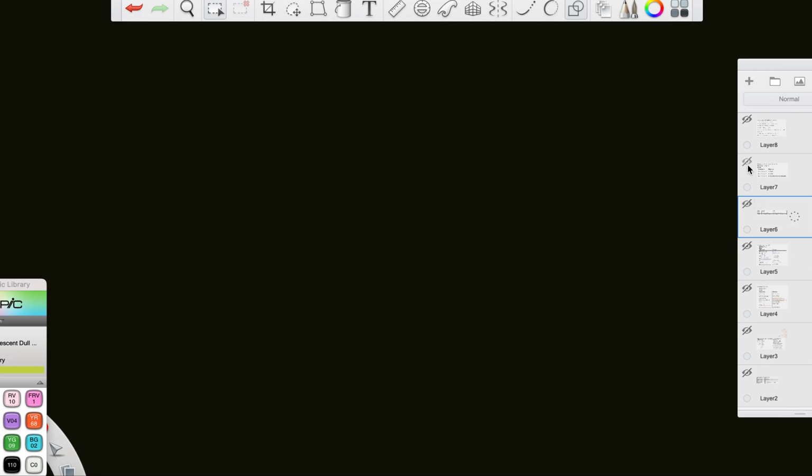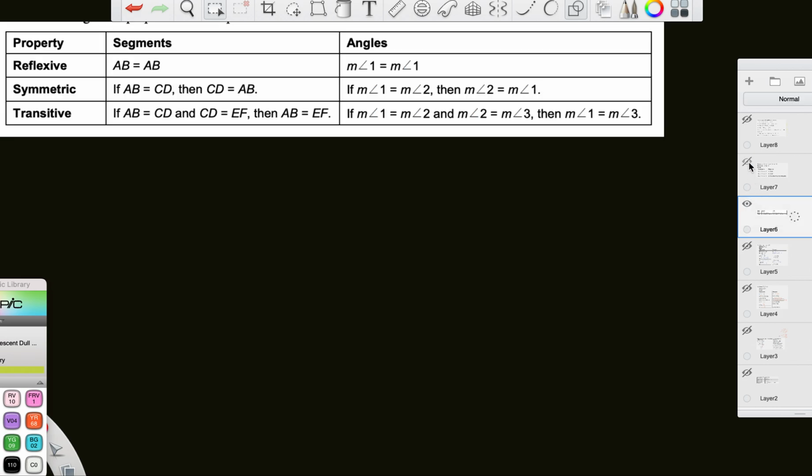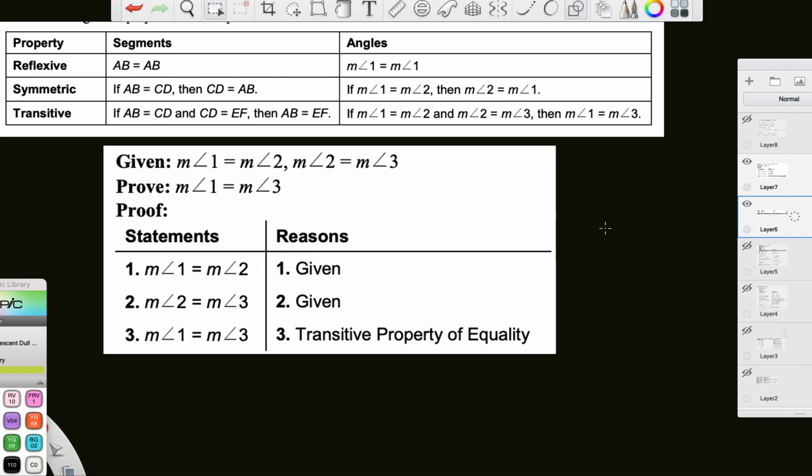Now that that's over with, I want to put this out there. Here's the example that they use. Again, transitive property, right? You have a statement that's given. Angle 1 is equal to angle 2. Angle 2 is equal to angle 3. Prove that angle 1 is equal to angle 3.